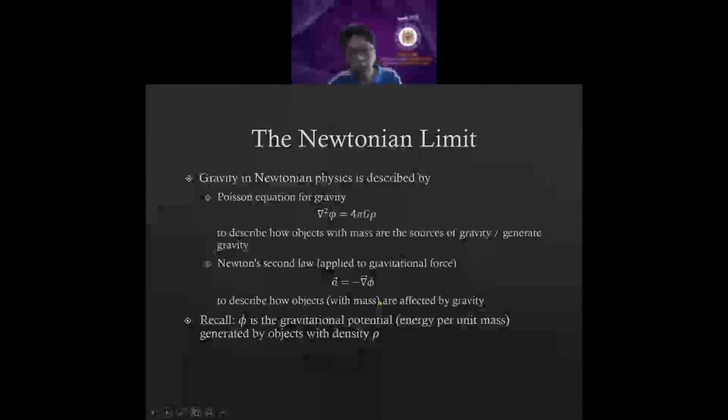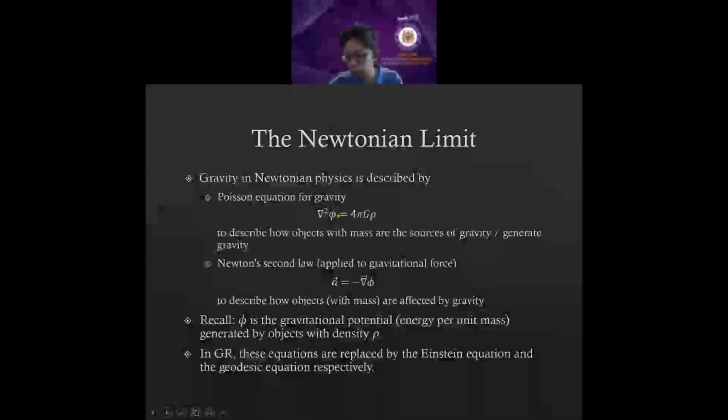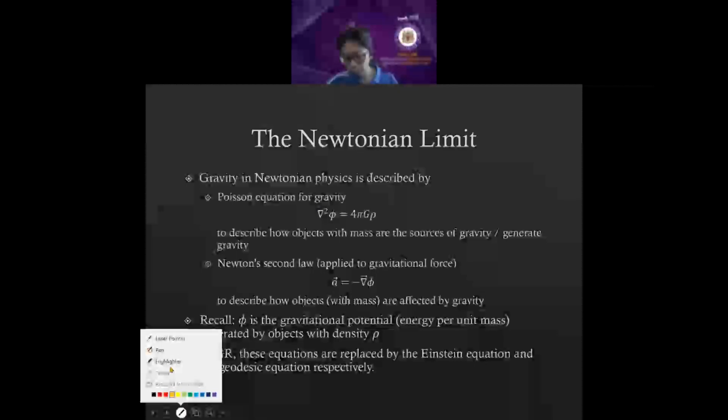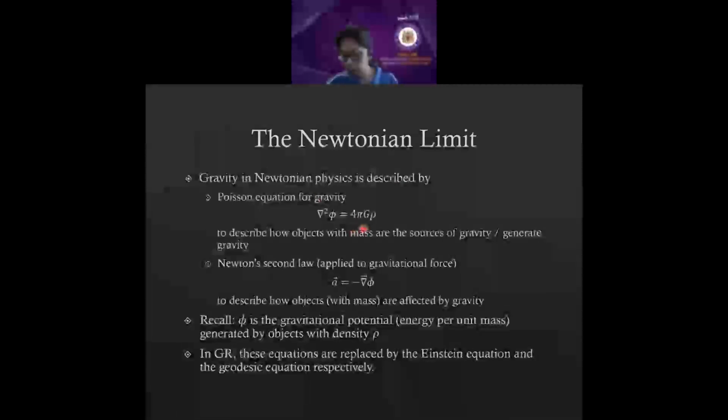So in GR, these two equations are going to be replaced. The first one is going to be replaced by the Einstein equation, and this second one is going to be replaced by the geodesic equation.